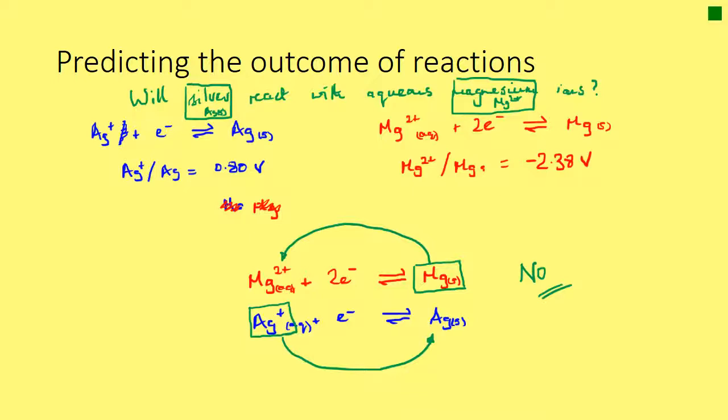Then we go to our electrochemical series to look up the electrode potential of silver, and we would find this sort of listing for silver.